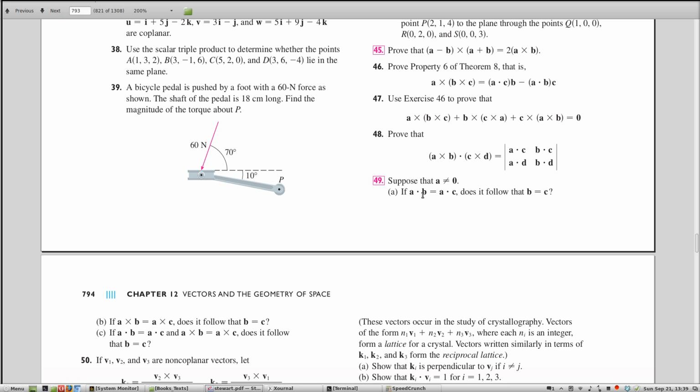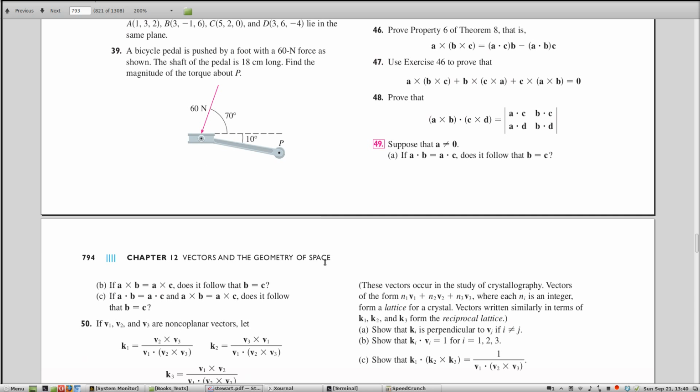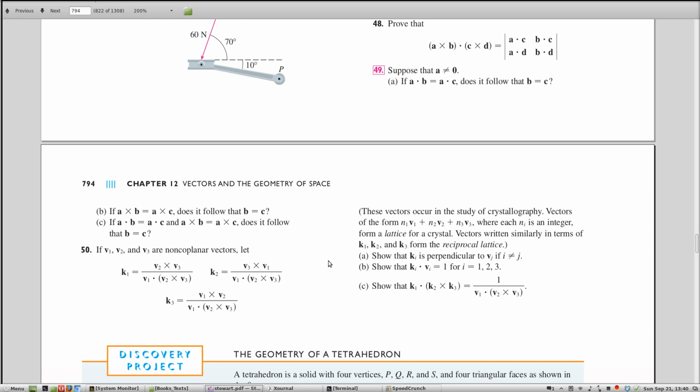What happens if you use the formula magnitude of A, magnitude of B, cosine theta? This would be magnitude of A, magnitude of C, cosine theta 2, and it's one equation and two unknowns, and so there's going to be a lot of variability in the solution. So the answer to A is no.